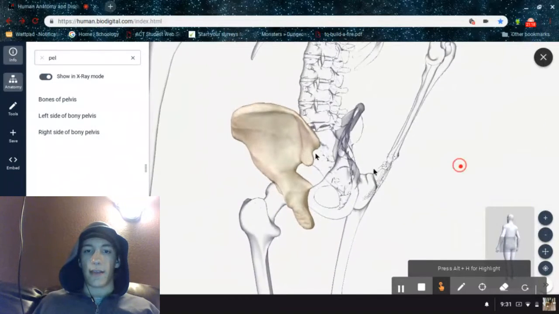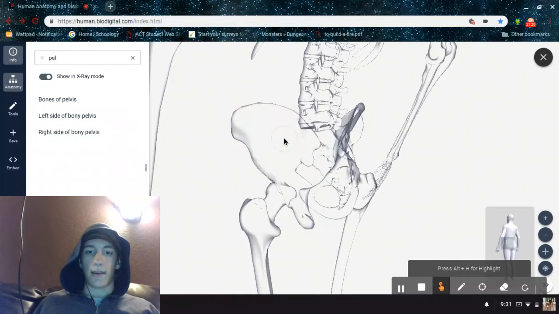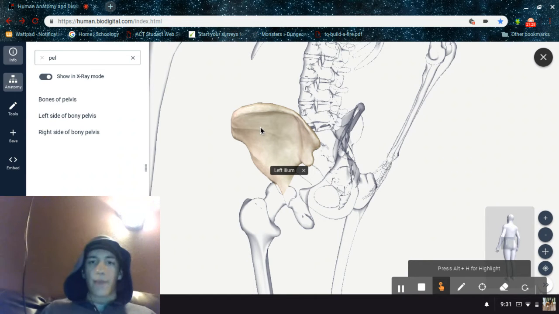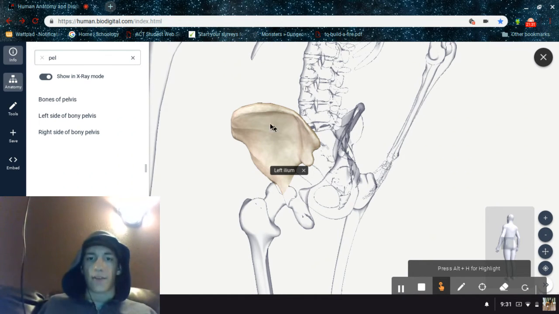So, we're still on the ilium. So you have inferior and posterior spines. This is your greater posterior spine, and this is your lesser.